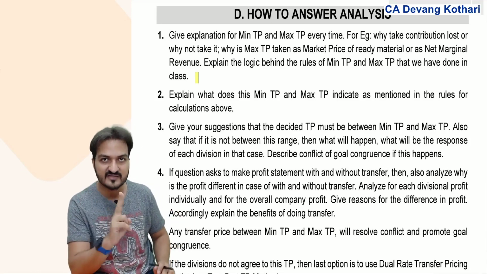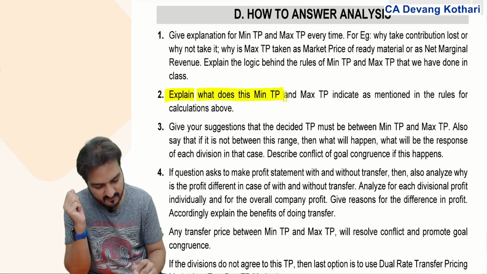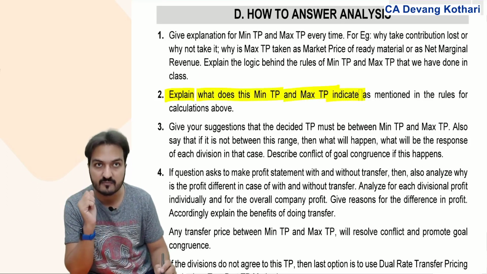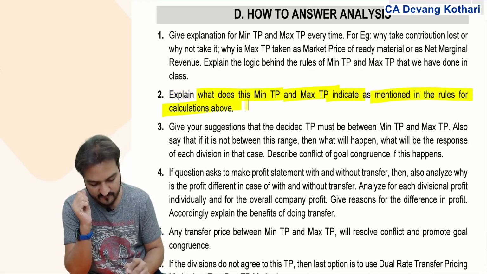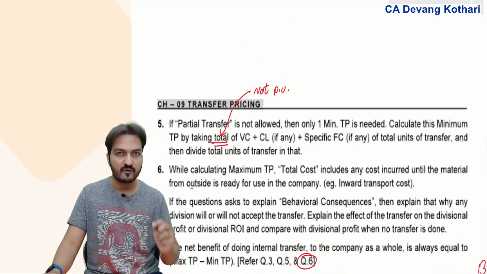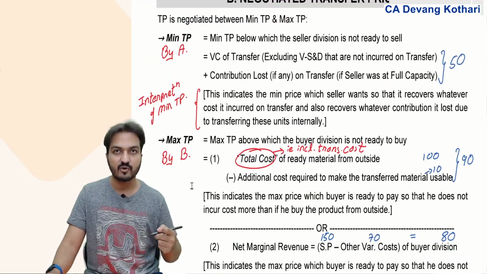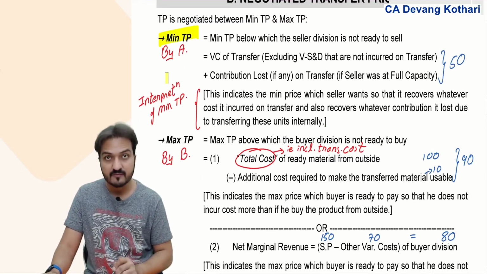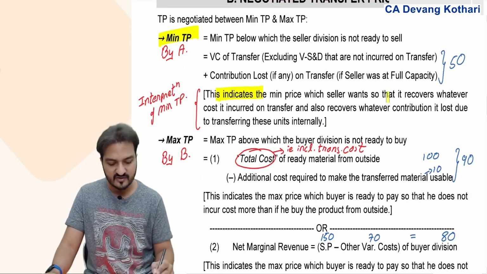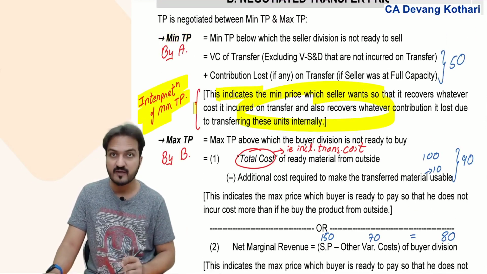Number one. Secondly, also explain what this minimum TP and maximum TP indicate as mentioned in the rules of calculations above. I'll show you that for minimum TP, maximum TP, for both of them, I have written here what it indicates. I've written here that minimum TP indicates what we discussed, use that in interpretation of minimum TP.